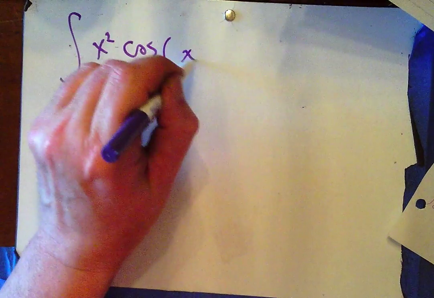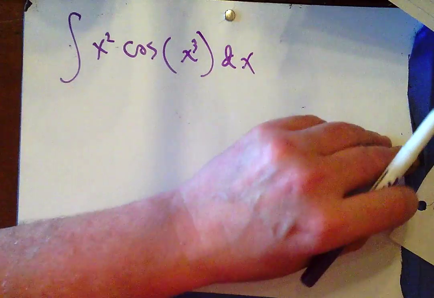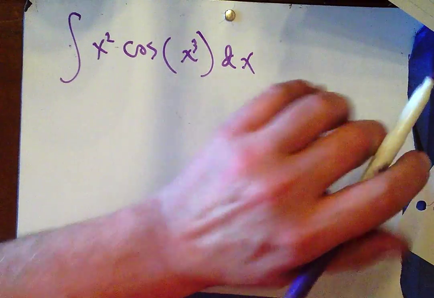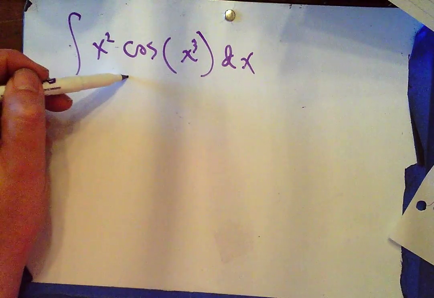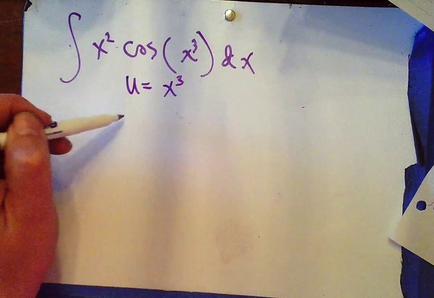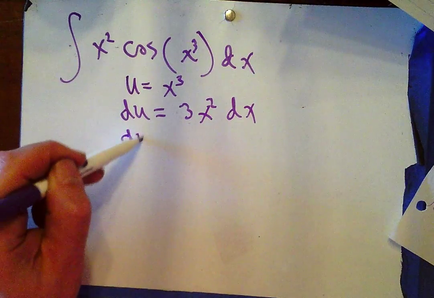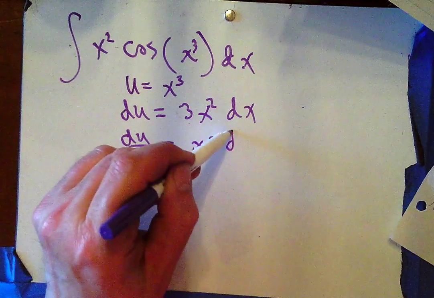Okay, so those I'm not worried about, but these. Okay, this one, x squared cosine x to the third dx. What do you think? Yes, I recommend that u is x to the third, du is 3x squared dx, so du over 3 is x squared dx.